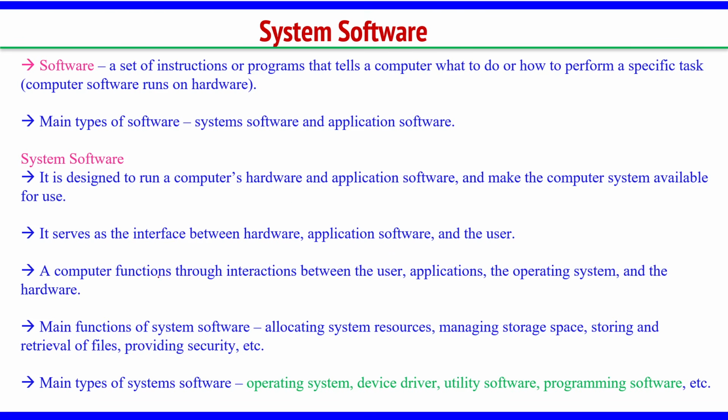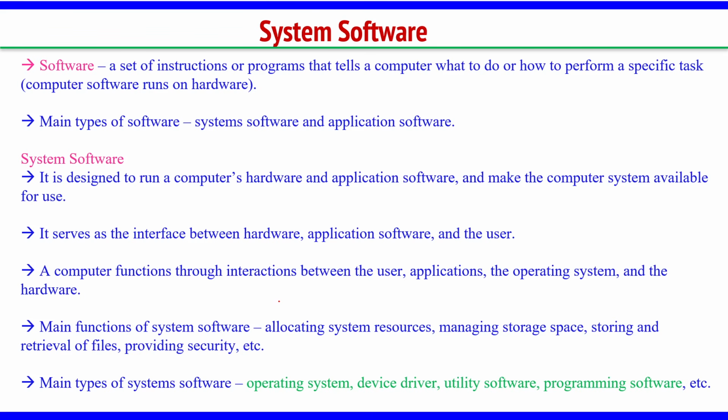A computer functions through interactions between the user, application and the operating system and the hardware. For any job to do in the laptop or machine, all these four have to interact.